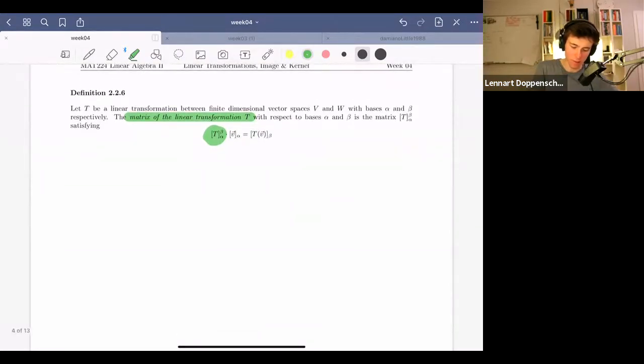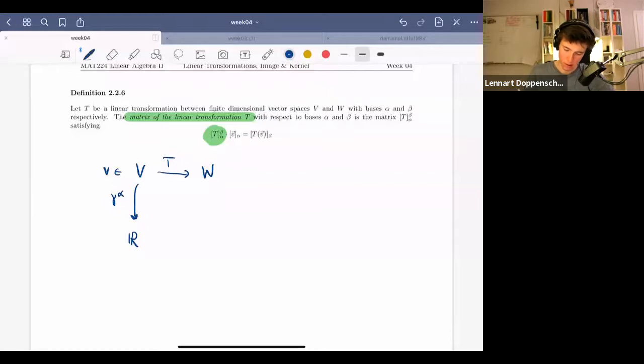I've drawn this diagram before, but if we have a vector v in the vector space V, and the transformation T that goes to W, then we can find the coordinate expression gamma alpha, and this will be just a vector in Rn.